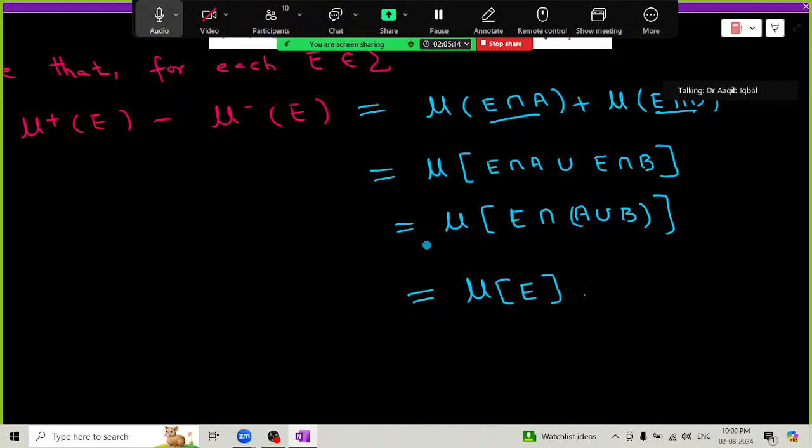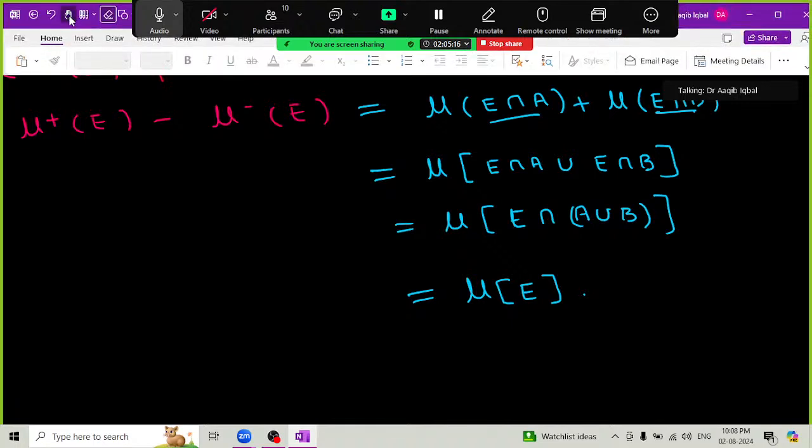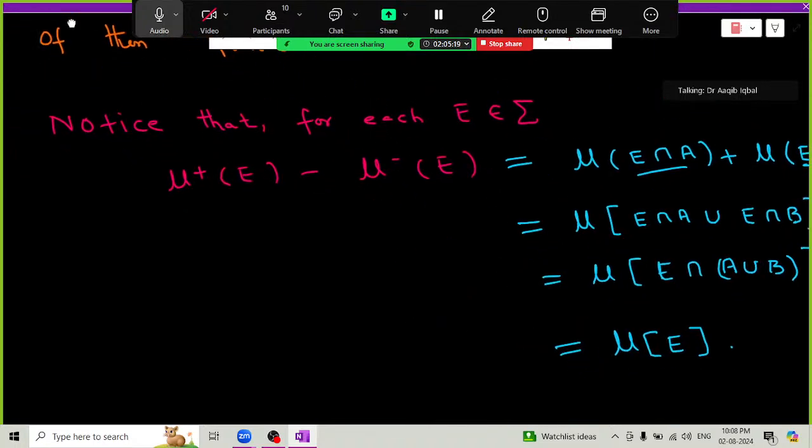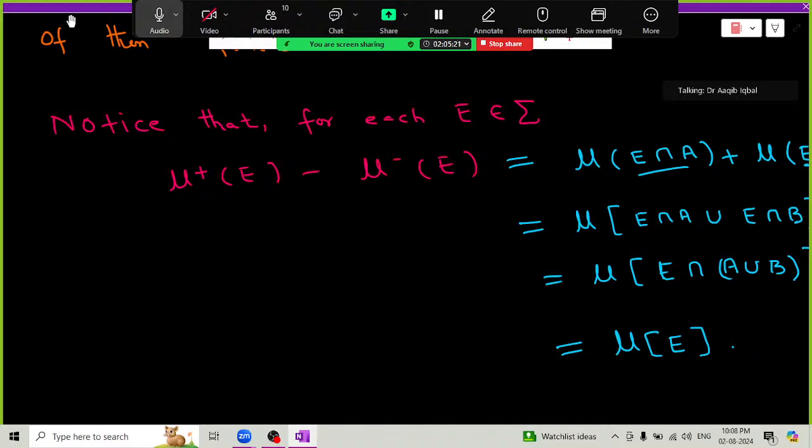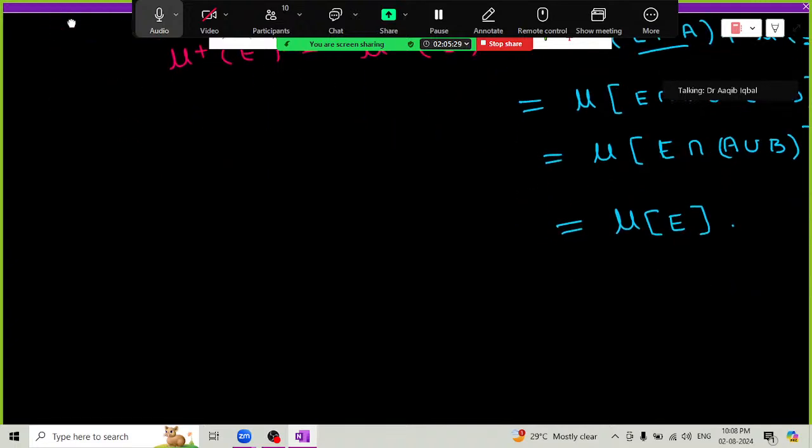तो क्या दिखा रहा हूँ मैं आपको, दिखा रहा हूँ for each E in capital sigma, mu of E is mu plus of E minus mu minus of E. That means mu is the difference of mu plus and mu minus.